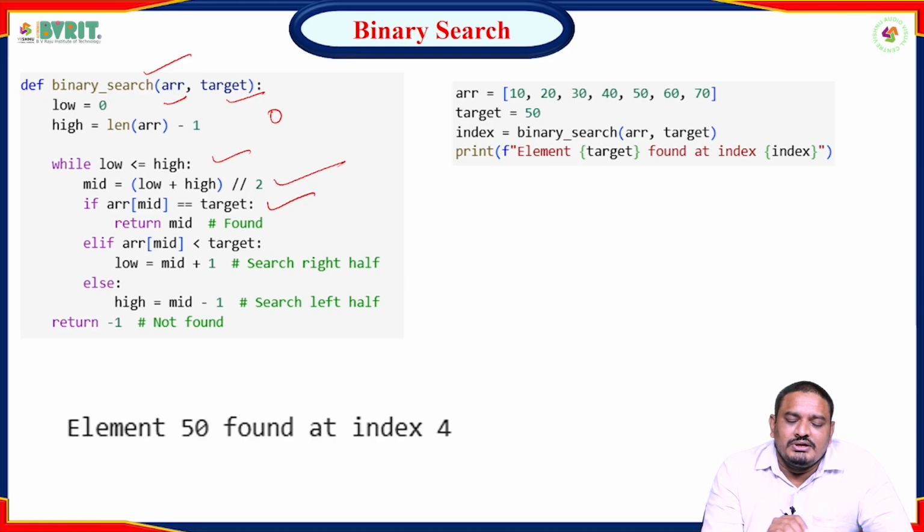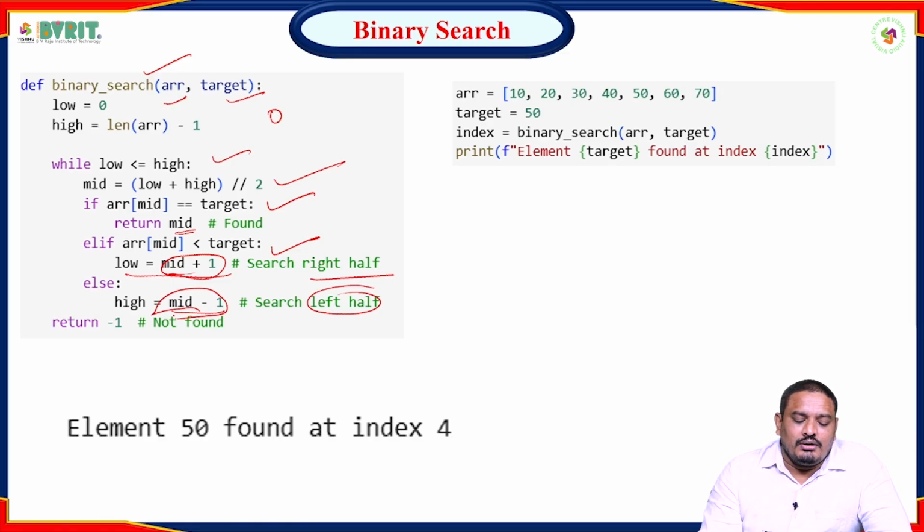If the mid position value is our target, return the mid position. Otherwise, if the mid position value is less than our target value, low equals mid plus 1. Otherwise, high equals mid minus 1, so we search the left. Return -1 if the element is not found.